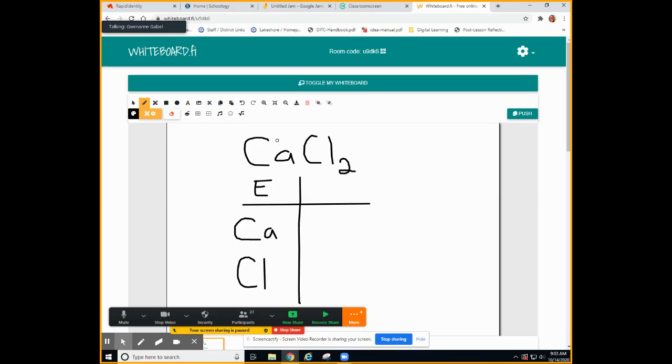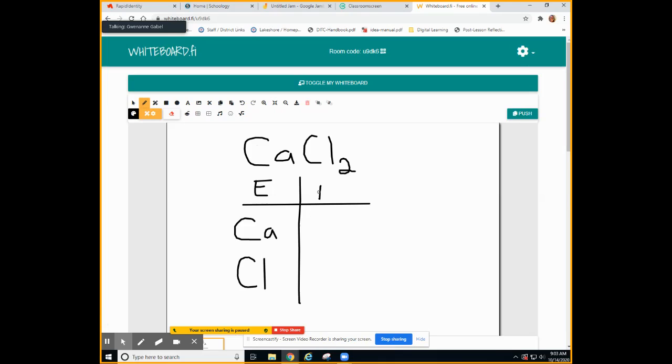Okay? Calcium has no subscript, so that tells me that I have 1 atom. Chlorine has a subscript of 2, so it tells me I have 2 atoms. This gives me 2 total elements in this chemical formula and 3 total atoms. Okay?